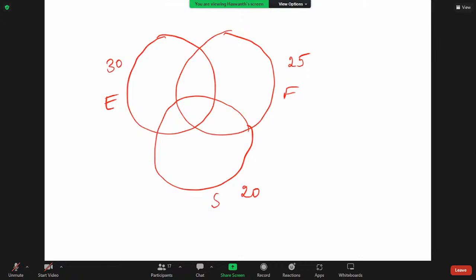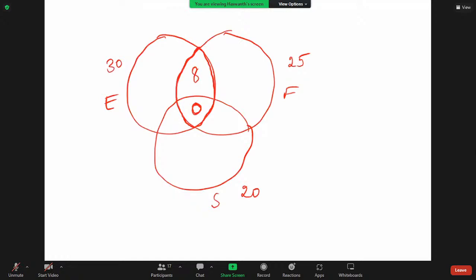No student studies all three languages. So all three here is 0. Then both English and French is 8. This total for both English and French here is 8. In all three the value is 0, so all 8 will come from only English and French.